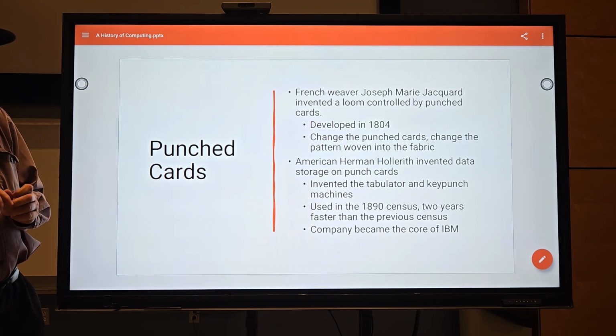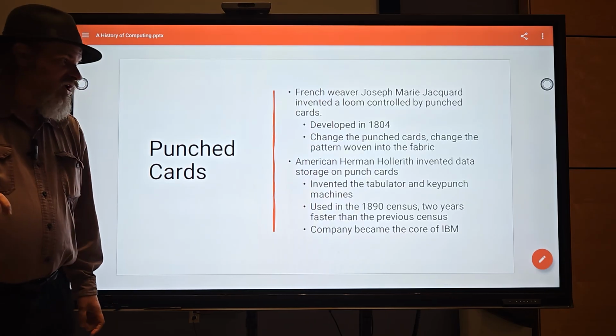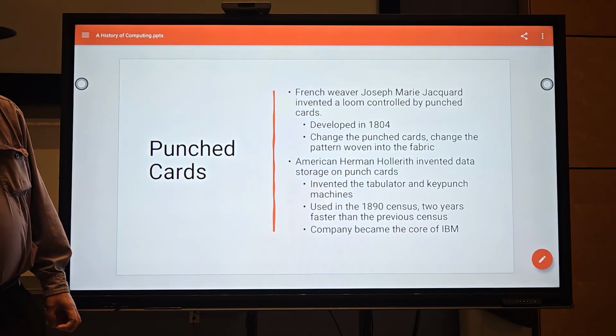Whereas Herman Hollerith used it for long-term storage, and invented the tabulator and key punch machines to read and write to punch cards.